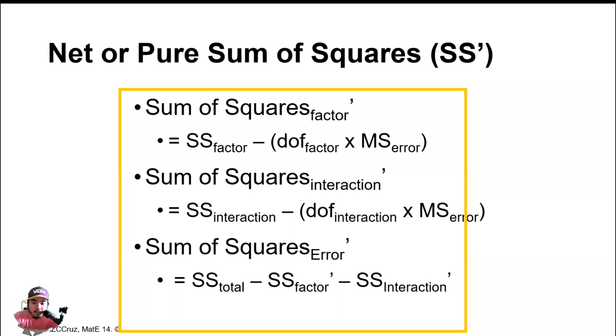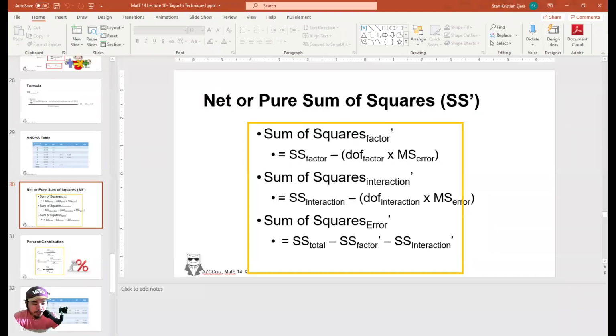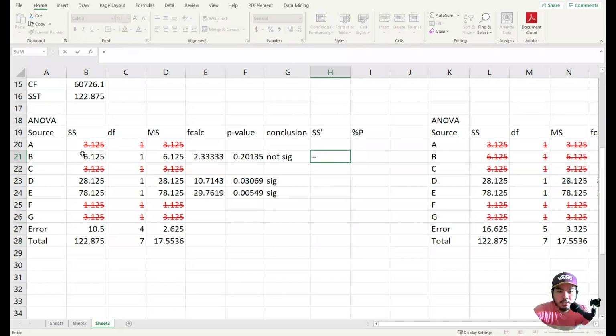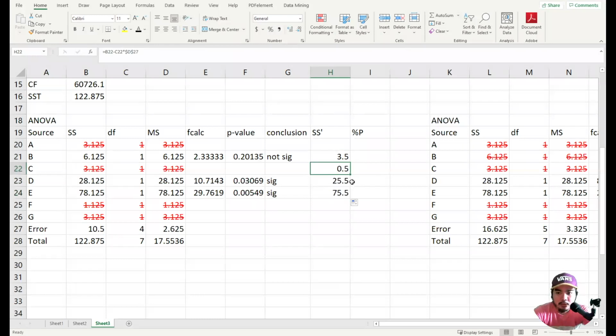So in this case, doon sa example natin, to get SS prime, we need the SS value minus its degrees of freedom multiplied by the MS error, which, lalagyan natin ng dollar sign para ma-fix siya. So we get that. And meron tayong SS prime dito. So these are our SS prime.